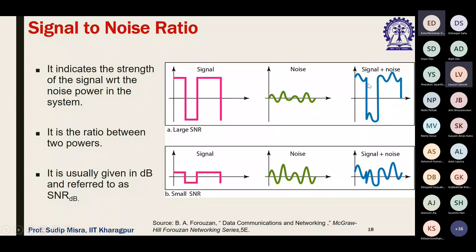How is this signal plus noise going to look? And here you have another signal, also getting affected by noise. So how is the signal plus noise going to look? This is just a visual representation.